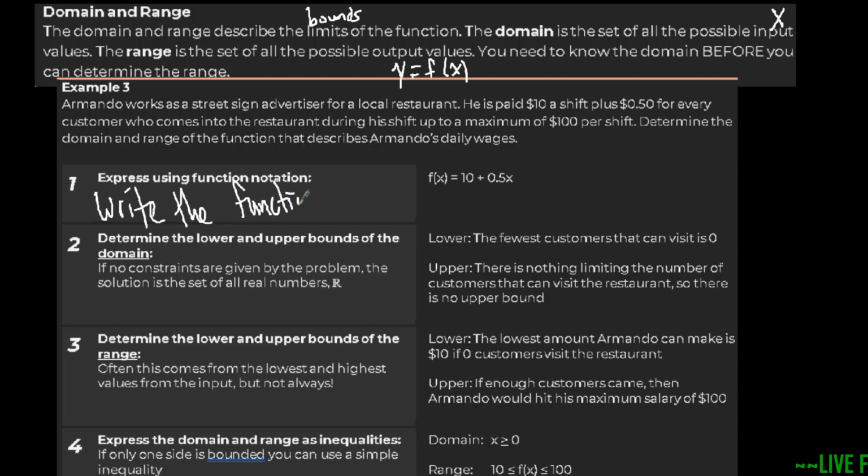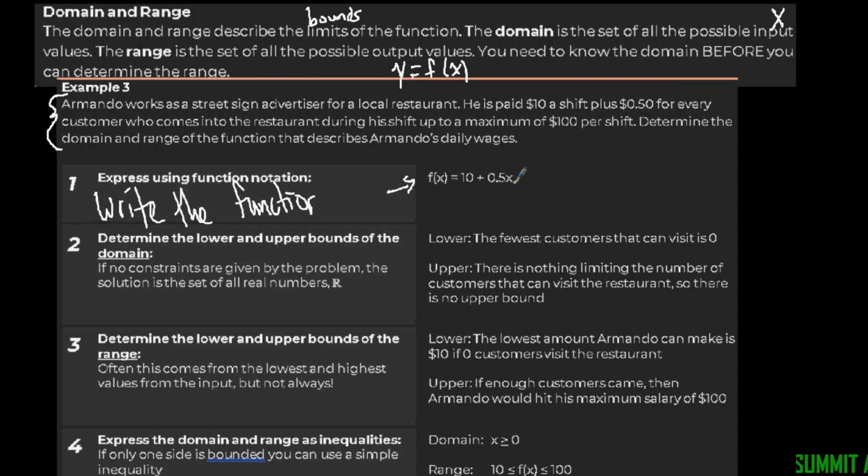You can notice how they're going from this text to this function. Again, you have to be careful and take it one part at a time: underline, circle, whatever you may need to do. Highlighting might be a good option too. So notice we said f of x is going to be the amount of money earned. We have the $10 as a flat rate every time he works, but the 0.5 is the 50 cents for every customer.